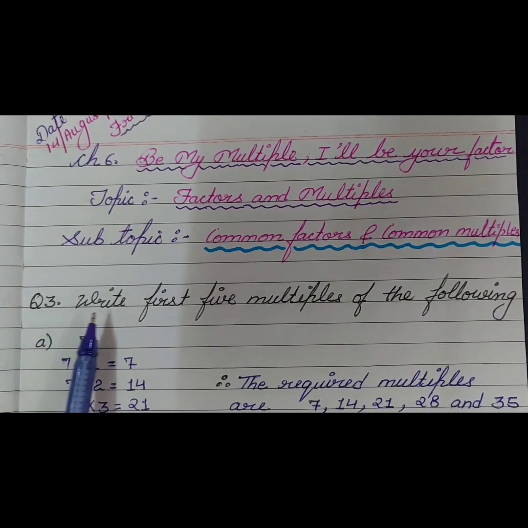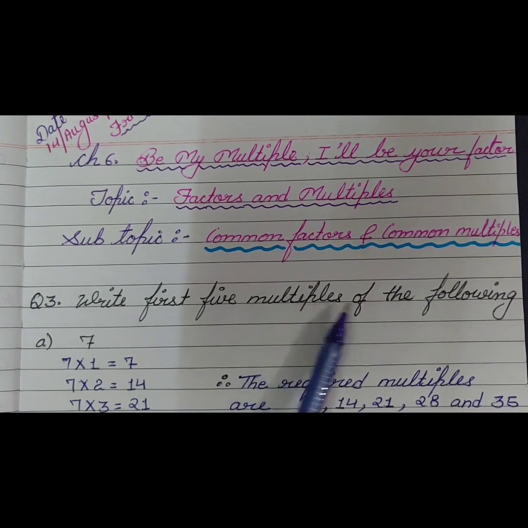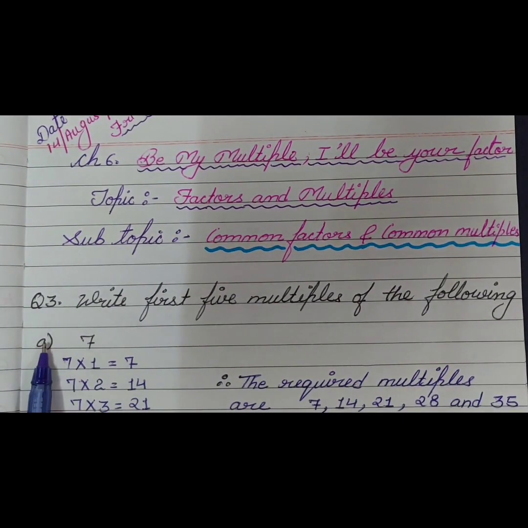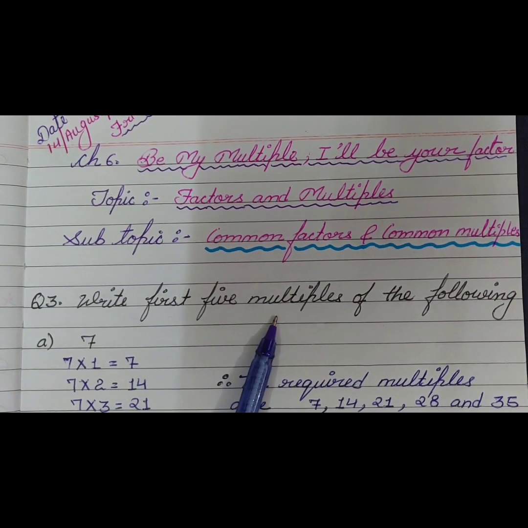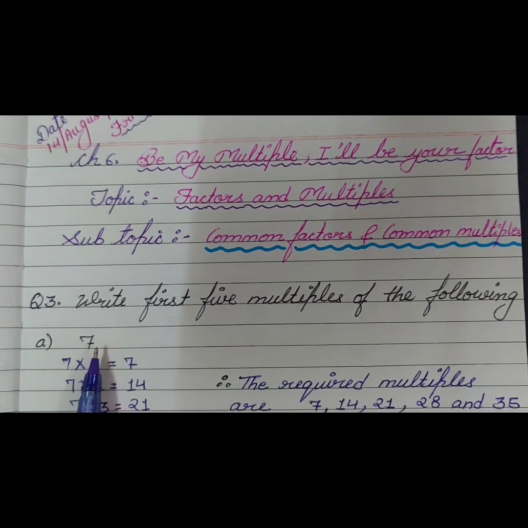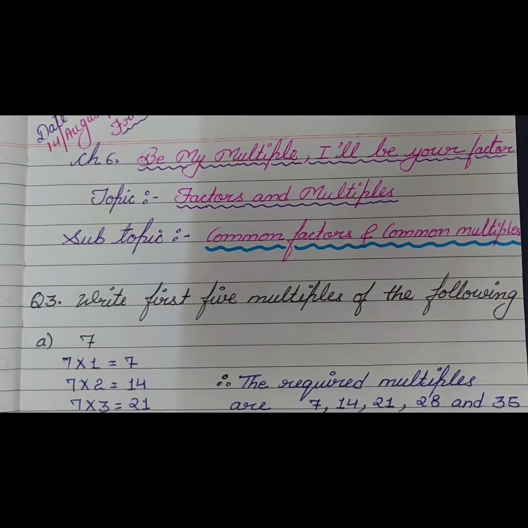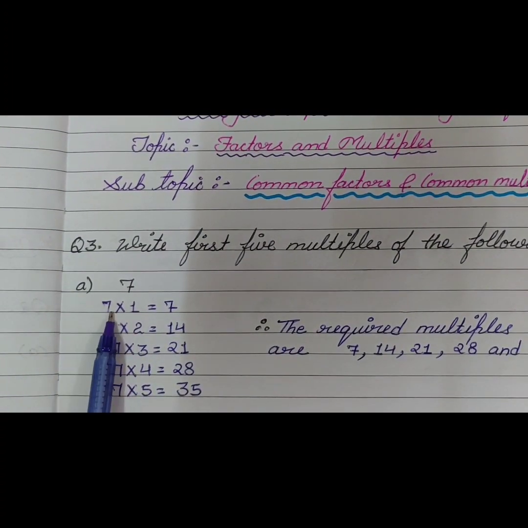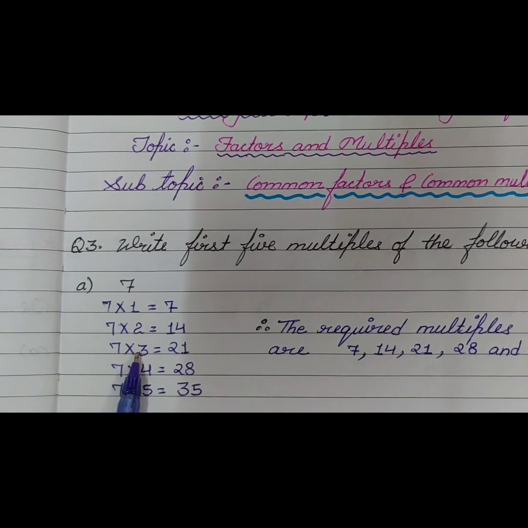Question number 3. Write first 5 multiples of the following. A part 7. In this question, we have to find out first 5 multiples of 7. So, read the table of 7 5 times. 7 1s are 7, 7 2s are 14, 7 3s are 21, 7 4s are 28, 7 5s are 35.